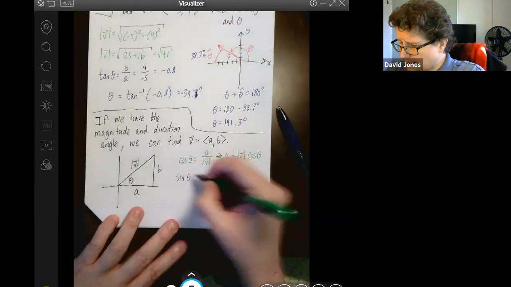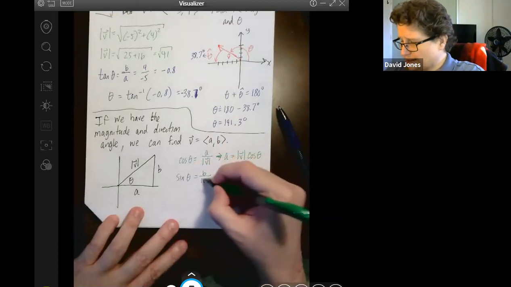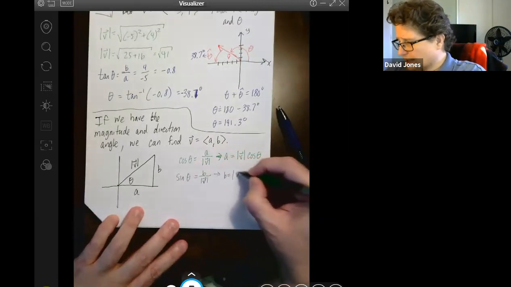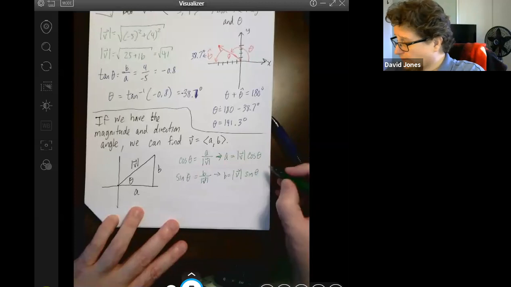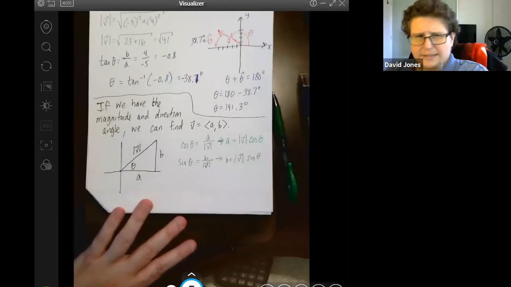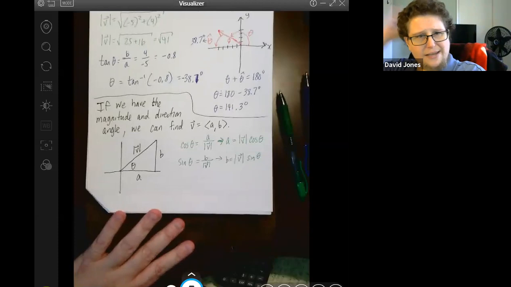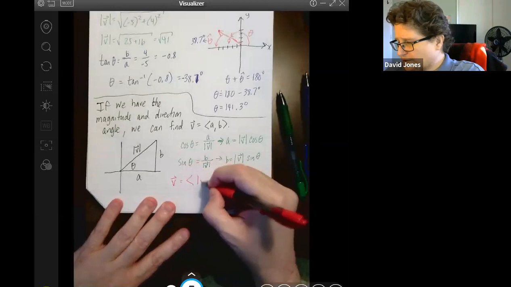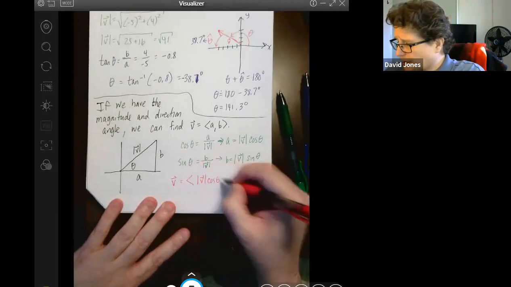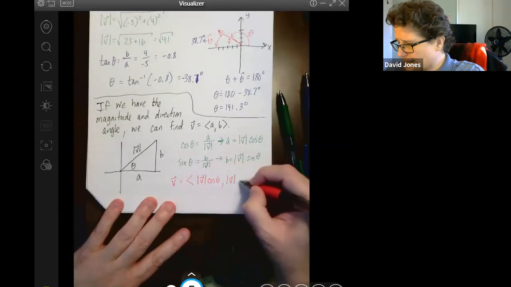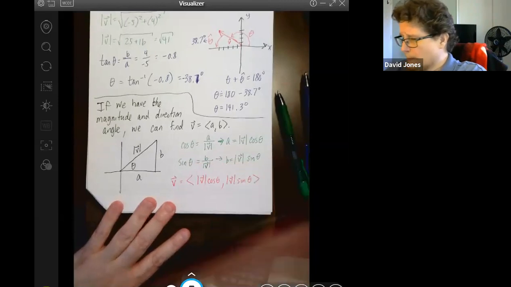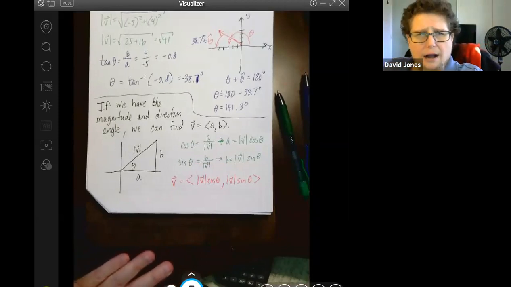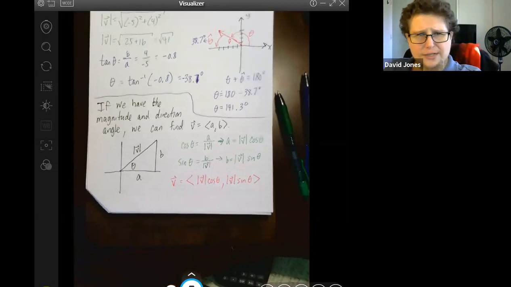Sine theta equals B over magnitude of V, which tells us that B equals the magnitude of V sine theta. This actually gives us another way of expressing V. V is also expressed as the magnitude of V cosine theta, comma, the magnitude of V sine theta. That's if you know the magnitude and direction or angle and not the endpoints. The other way is using the A comma B.